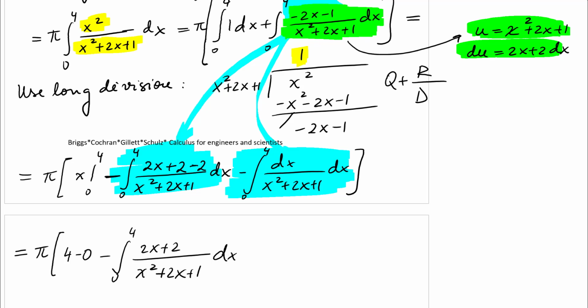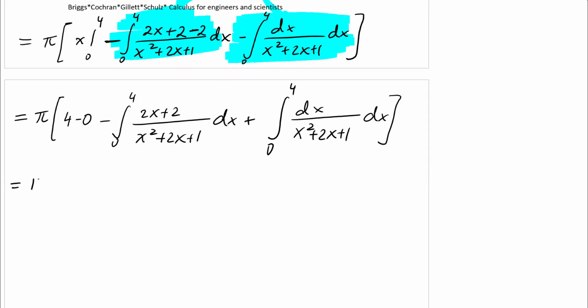And then minus with minus 2 would be plus 2 times the integral from 0 to 4 of dx over (x squared plus 2x plus 1). And then minus the same thing. So 2 minus 1 is going to be 1. So I'm just going to leave it like this.